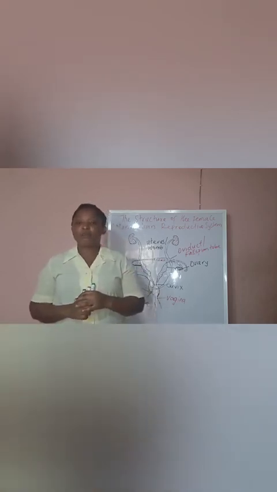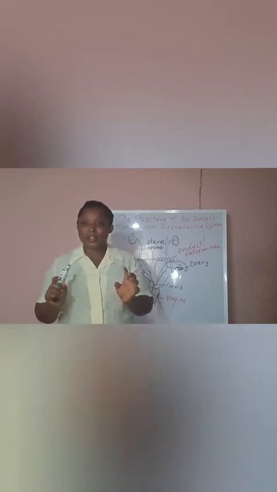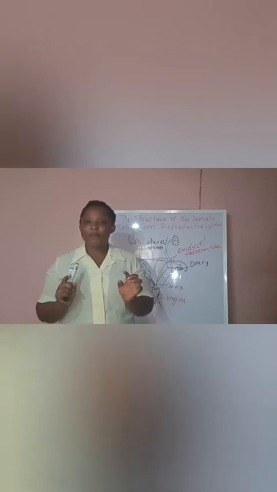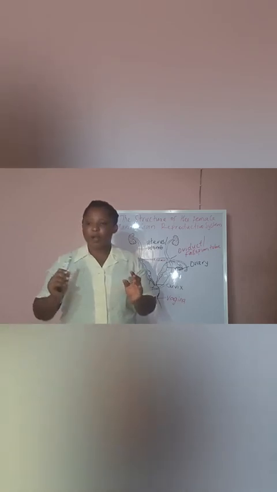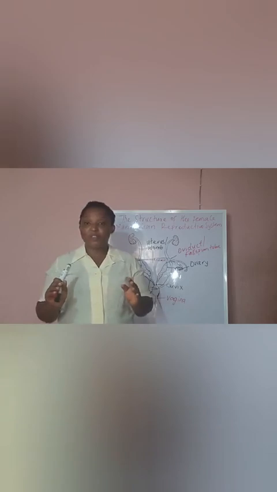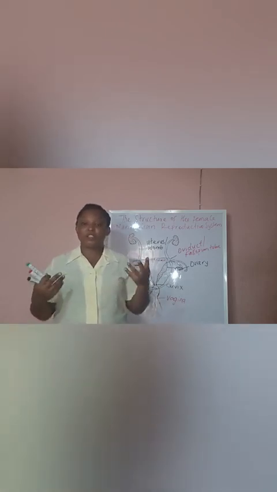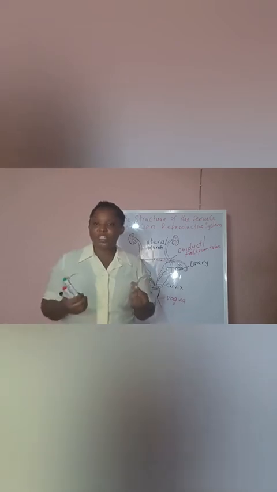So we also have Bartholin's glands. There are two glands that are located on either side of the vaginal orifice. When I say vaginal orifice, that's the opening of the vagina.